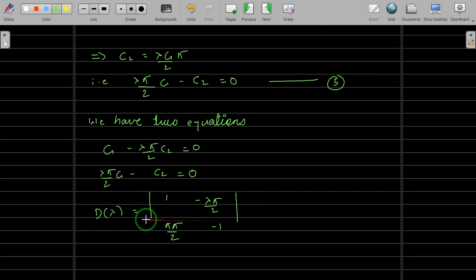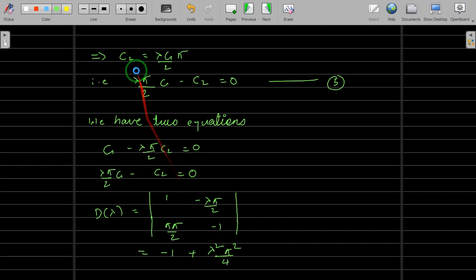This equals minus 1 plus lambda squared pi squared by 4. If this is not equal to 0, you have a trivial solution.